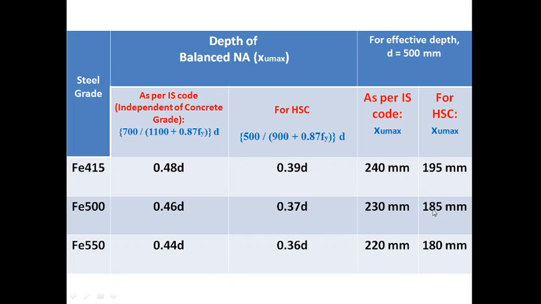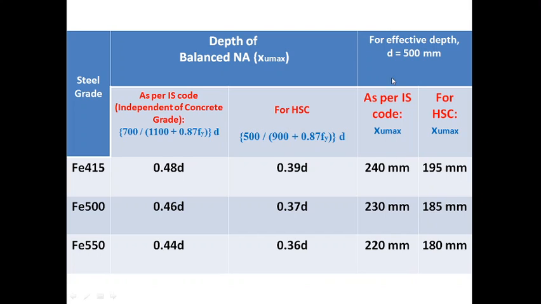So here we can see that for different grades of steel, as per IS code we get certain values, and if we consider the failure strain as less for high strength concrete, for example 0.0025, then we get the depth of balanced neutral axis as less than that obtained by the IS code method.